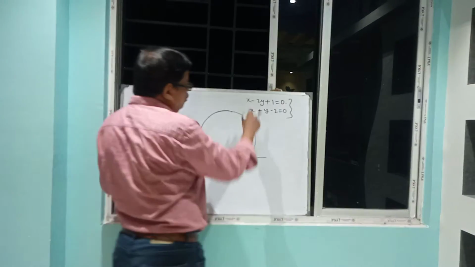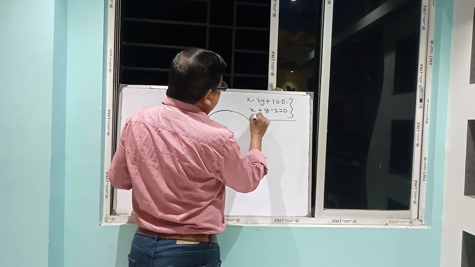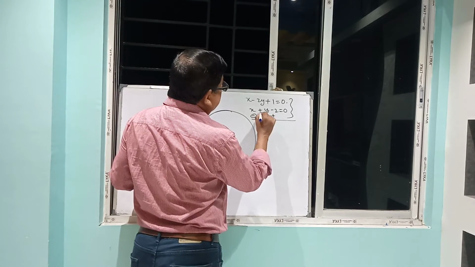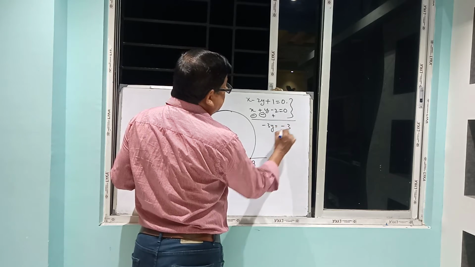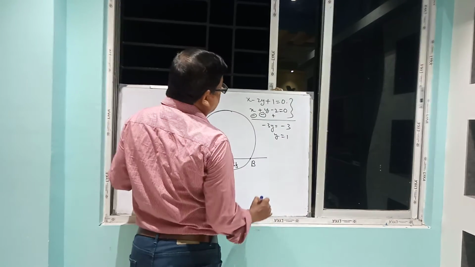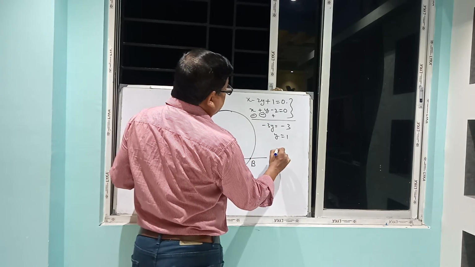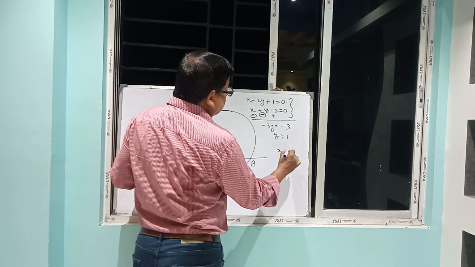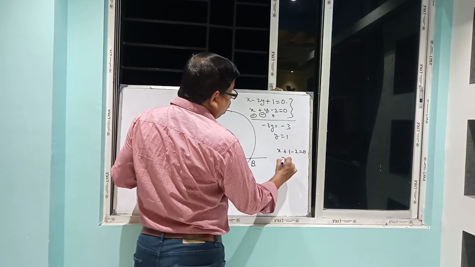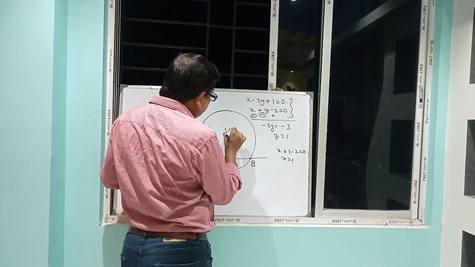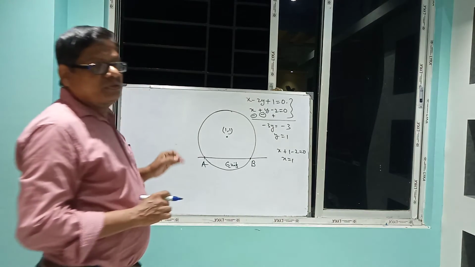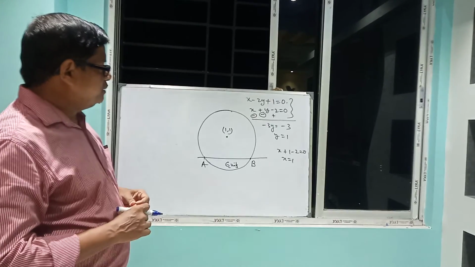So you have to solve: minus 3y equal to minus 3, y equal to 1. If y equal to 1, then x plus 1 minus 2 equal to 0, then x equal to 1. The center is (1, 1).